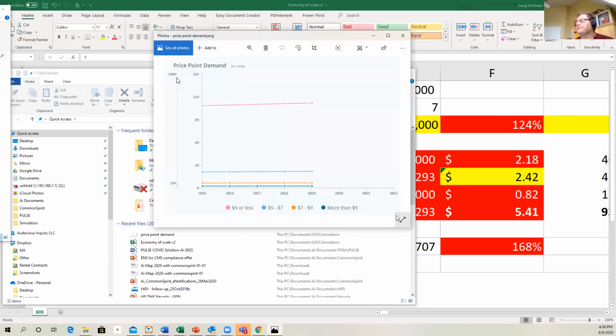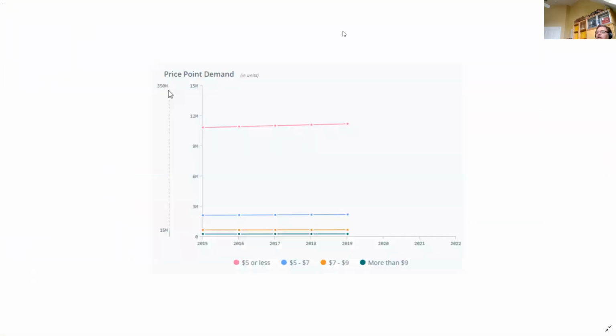Okay, so here it is. So we see here the price point demand in units, and you see that by far, the demand in units is the highest for $5 or less.